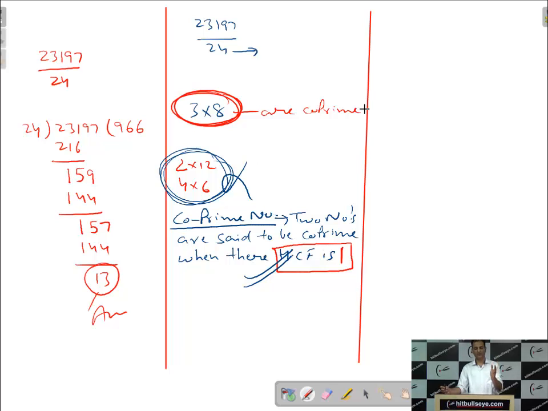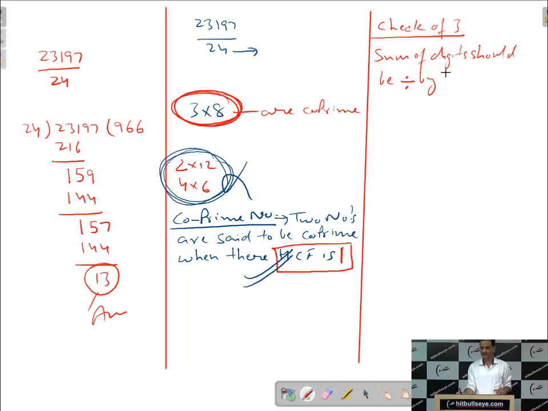And now we have a basic knowledge of divisibility. When can you say a number is divisible by 3, students? The sum of digits should be divisible by 3. Divisibility check of 3: the sum of digits should be divisible by 3.